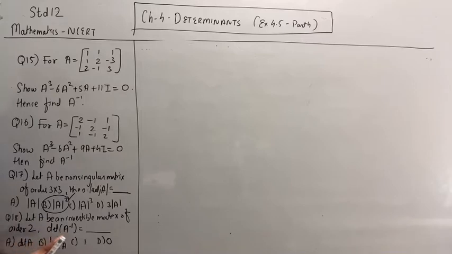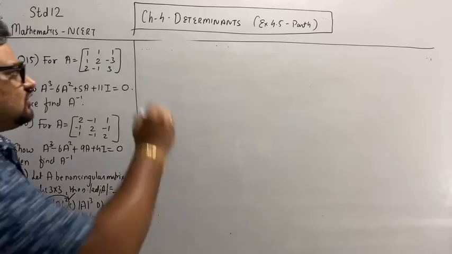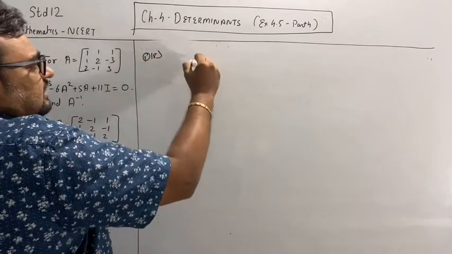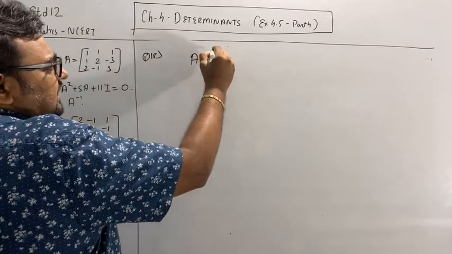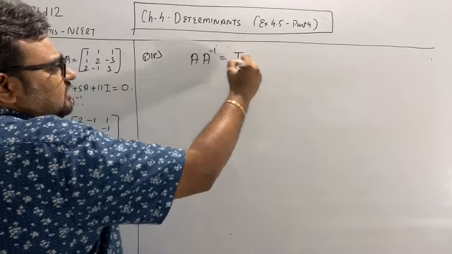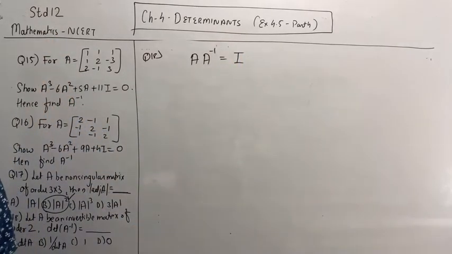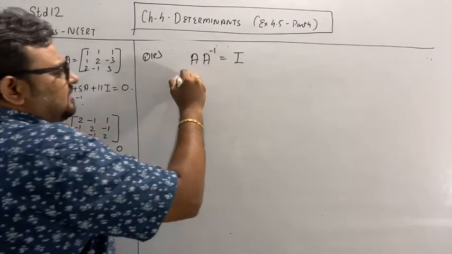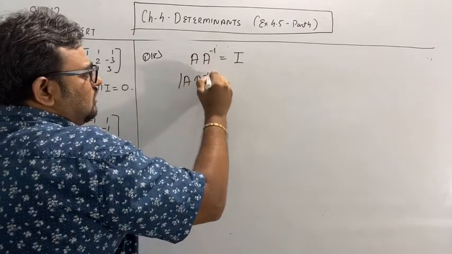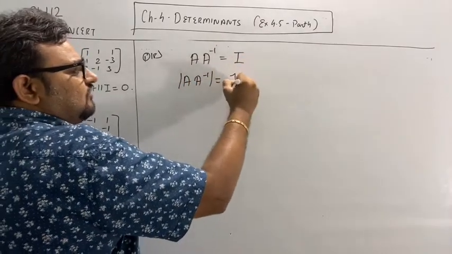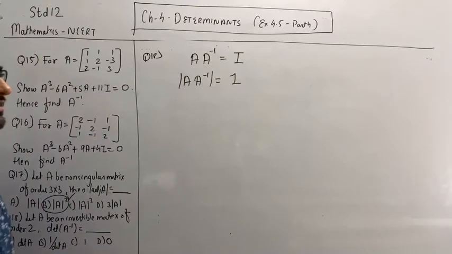Then the determinant value of A inverse. There are 4 options given. So now see for question 18. A into A inverse is equal to I, right? Now if I take the determinant, the determinant value of the identity matrix is 1.